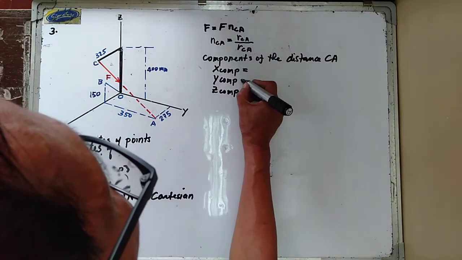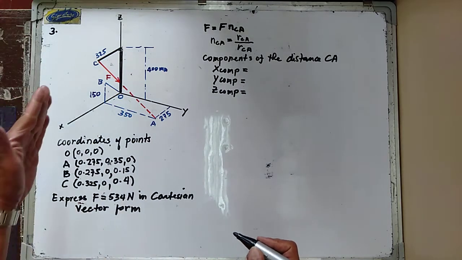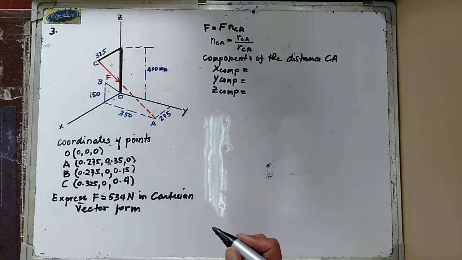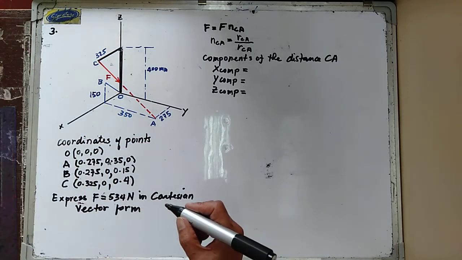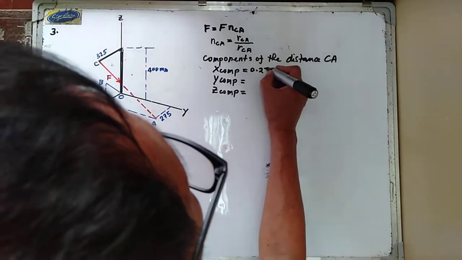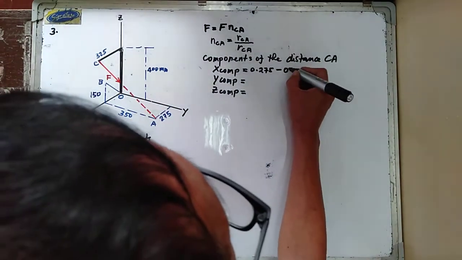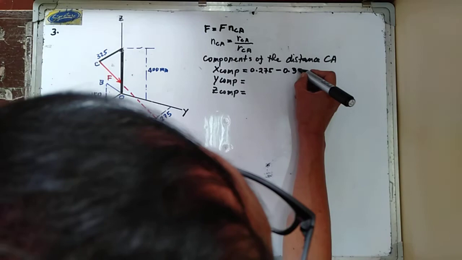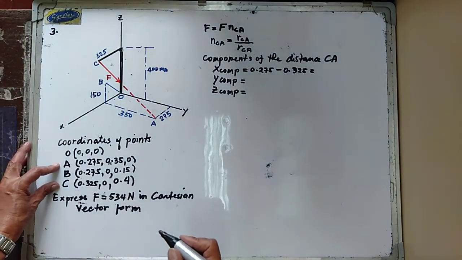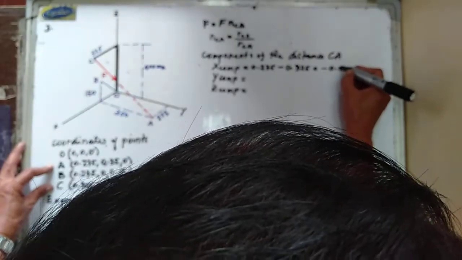The vector is directed from point C to point A. So again, this is head minus tail, so it is A minus C. For x, we have 0.275 minus 0.325, or that is equal to negative 0.05.